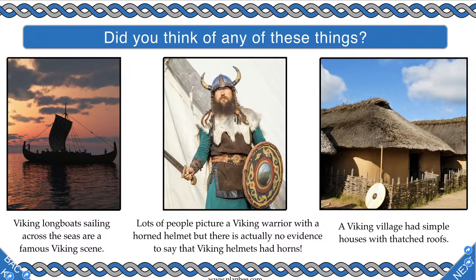But the one thing that survived is the boss in the middle, that big metal round part of the middle of the shield. So there are a lot of those that people have discovered over the years, which gave us an indication of what their shields might have been like and what the shape would have been like. A Viking village had simple houses with thatched roofs.